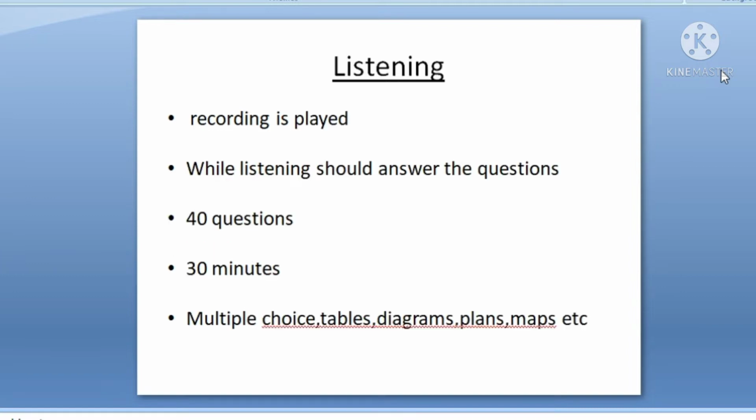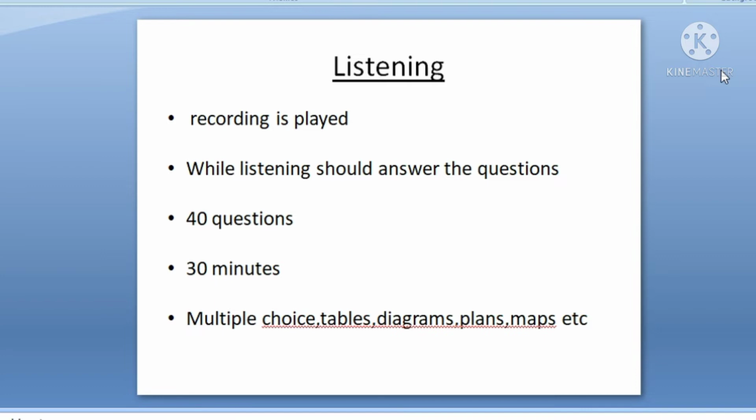In listening module, you will be given a headset and a recording is played. You should write the answers while listening to the recording, because in computer based test you won't get any extra time to transfer the answers. So you should write the answers while you are listening to the audio. But in pen and paper based test, at last you will be given 10 minutes to transfer the answers to the OMR sheet.